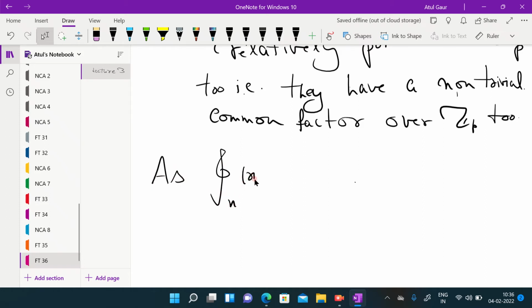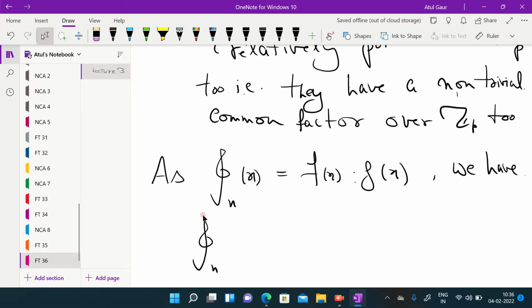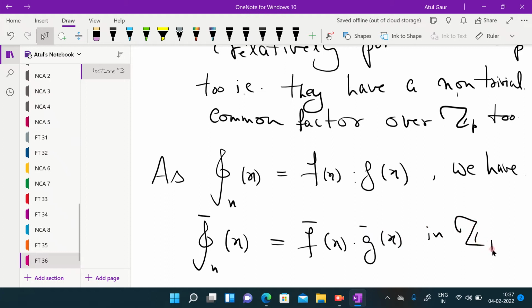Come back to phi n x, this f x into g x. You can reduce it modulo p. So you have phi n bar x, f bar x into g bar x, and this is in Z_p[x].